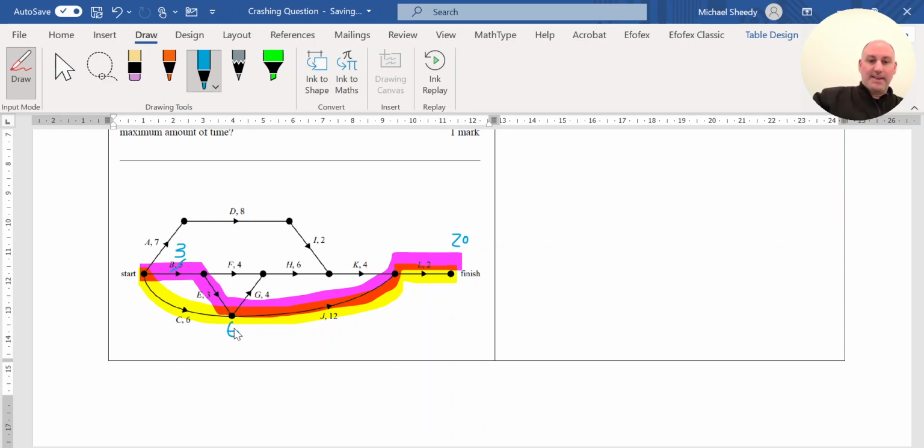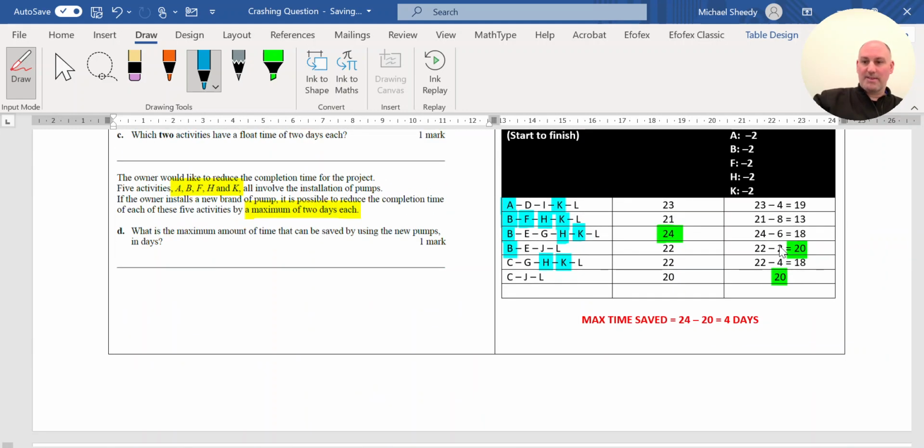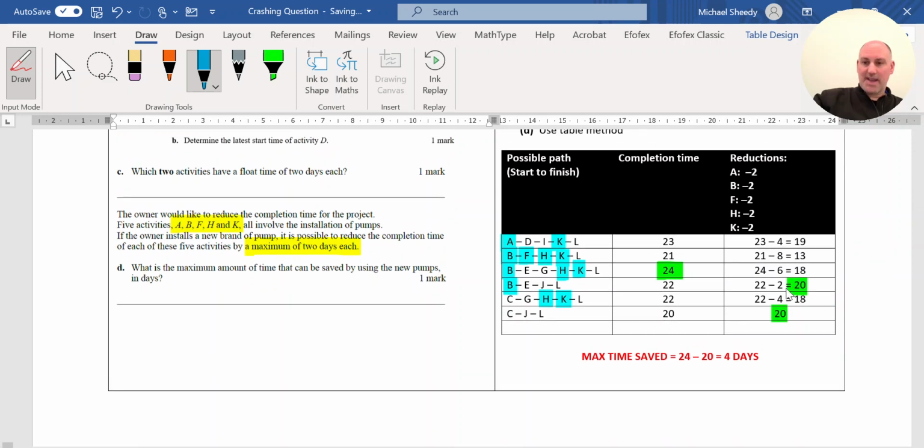Now, traveling from here, I then travel through J, which is 12, plus 6 is 18, plus L is 20. So that's one of the reductions I'm going to have to make. So now the yellow line and the pink line are now both 20, as confirmed by this table method.